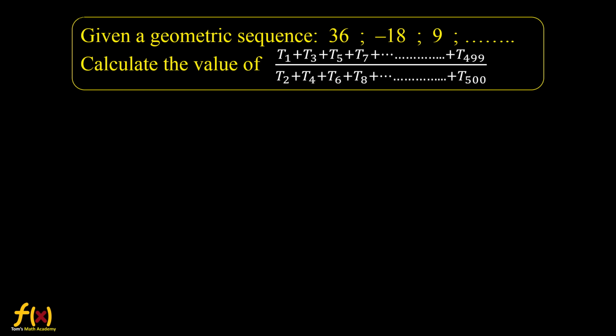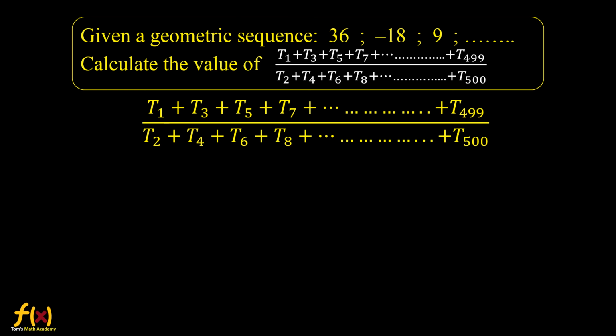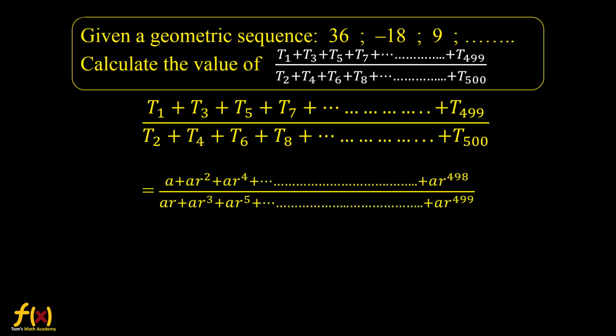Let us start with the numerator and denominator. T1 is A, T3 is AR square, T5 will be AR to the power 4. We write all of them up to T499, which is AR to the power 499 minus 1, that is 498.